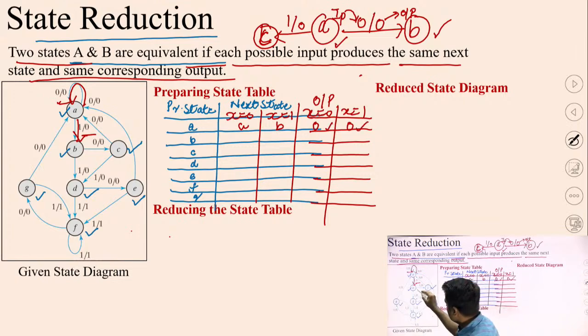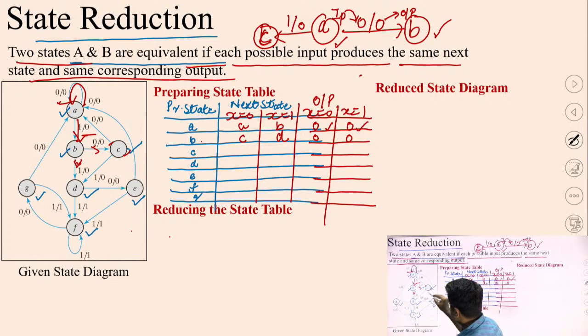Similarly, if we check B, if you get input 0, you will get output 0 and reach state C. And from here you can check that if input is 1, you will reach state D and output is 0.